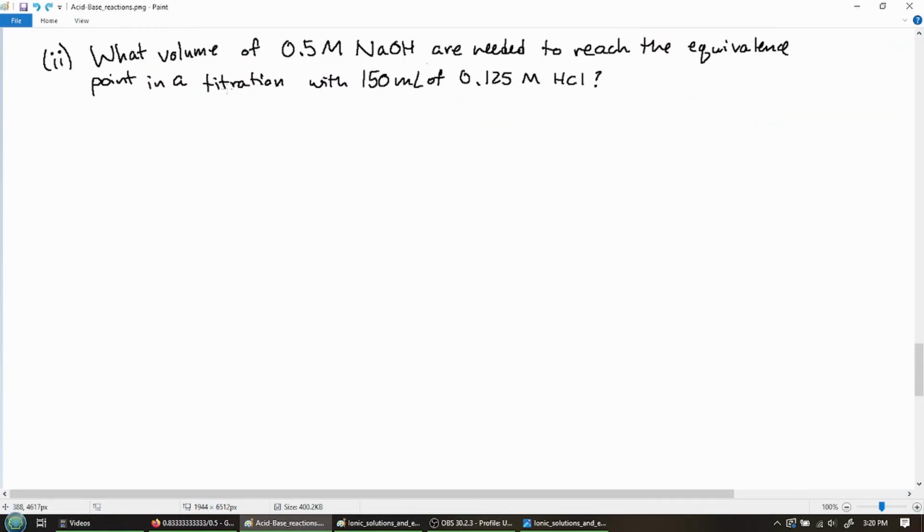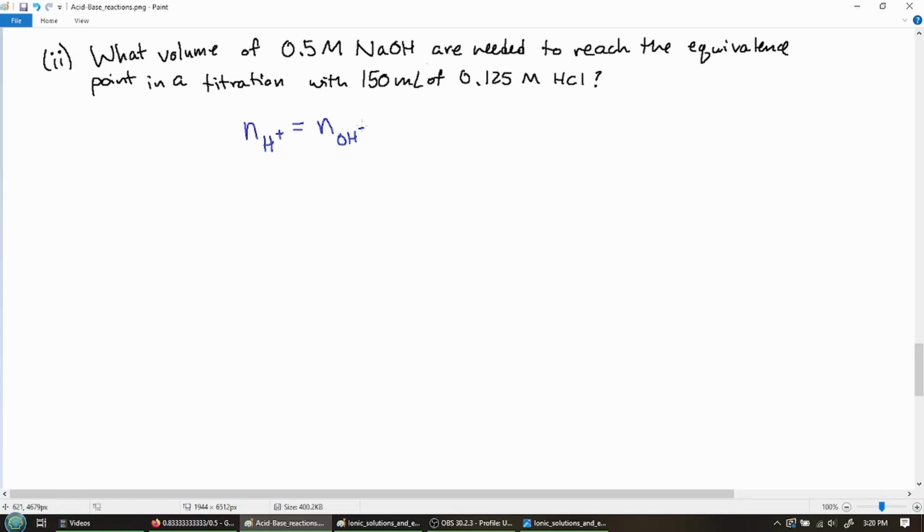I'm going to assume that you've already taken a moment and paused and thought about that. So let's jump into this problem. The equivalence point is where the number of moles of H plus is equal to the number of moles of OH minus. We've thought about before how a solution that's acidic has an excess of H plus ions, or in other words, an excess of protons.